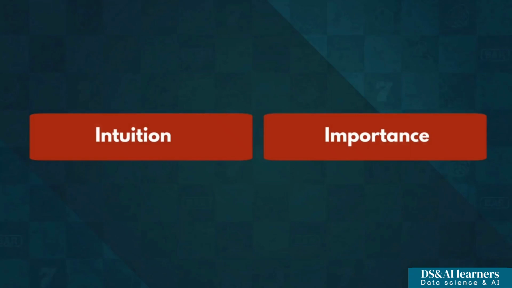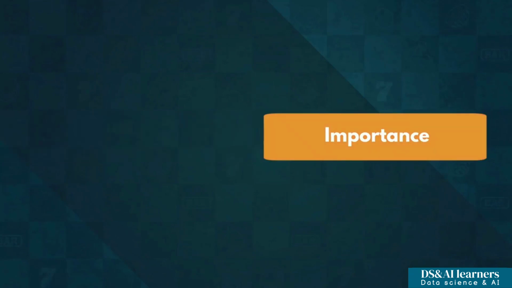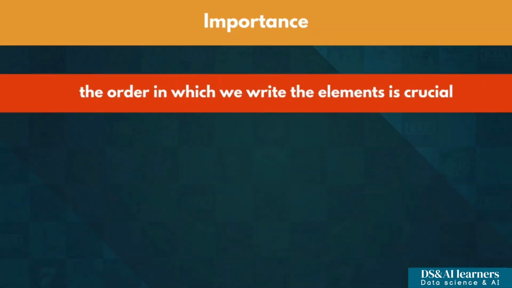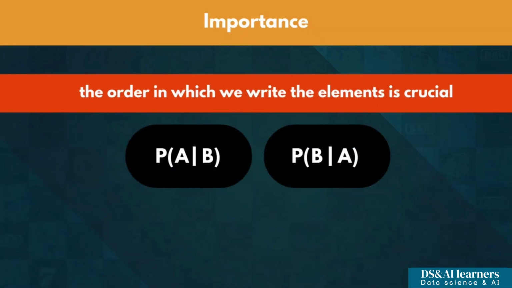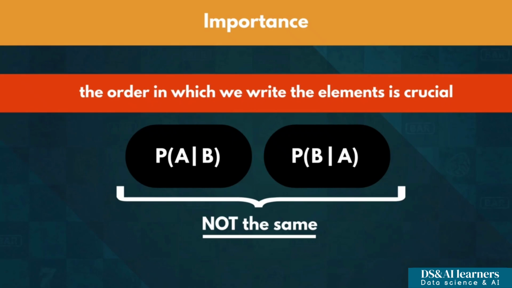Great. Once we know the intuition behind the formula, we can focus on the importance of conditional probability. Firstly, try to remember that the order in which we write the elements for the conditional probability is crucial. P(A given B) is definitely not the same as P(B given A), even if the numeric values are equal.